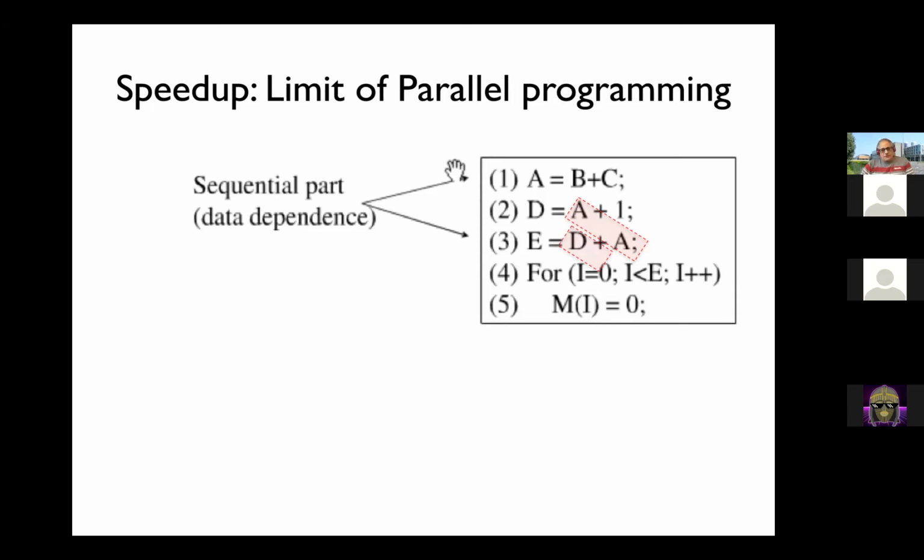However, if you look at the second part, the for loop, apparently it does not carry any dependencies. So there is no reason why I should execute 4 and 5 sequentially, which is basically a repetition assigning the value 0 to each element of this vector M. And this is quite parallel.